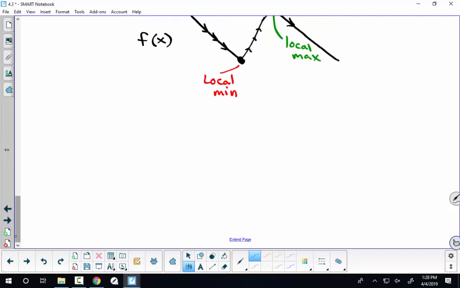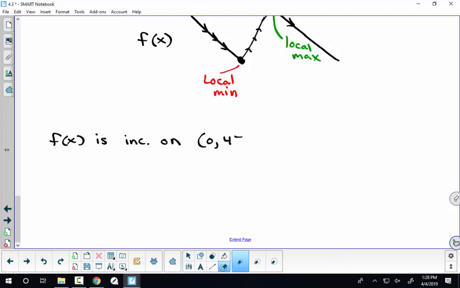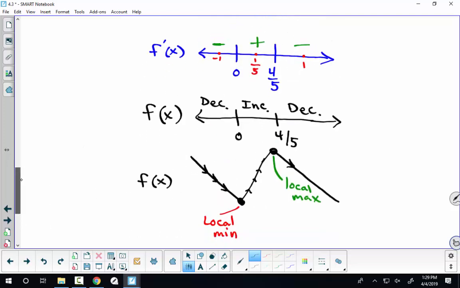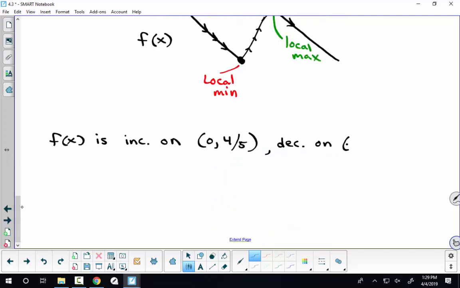So we want to sum this up by saying f of x is increasing on the interval 0 to 4/5. Decreasing on whatever those intervals were, negative infinity to 0, and 4/5 to infinity.